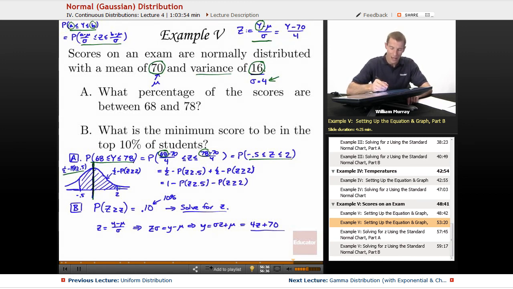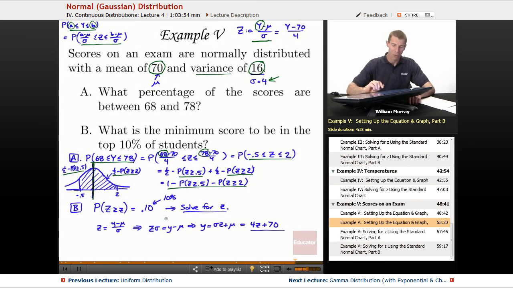Each one is 1/2 minus the tail value, because there's always 1/2 of the area on the left and 1/2 of the area on the right. So I'm really calculating 1/2 minus these two tail values. And so those are the two tail values right there that I'm going to have to look up on the normal chart on the next page. And that's how I got this answer that I'll fill in the details of on the next page.